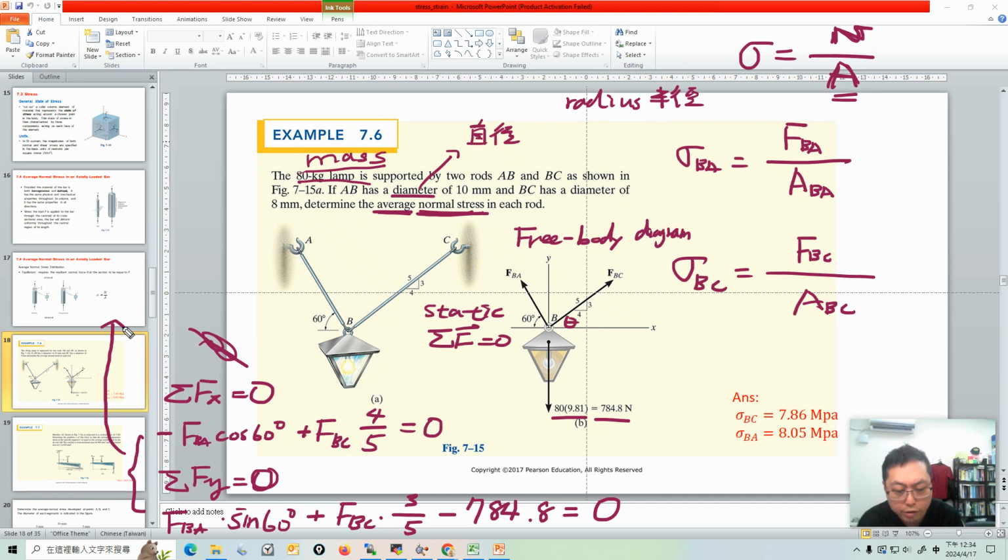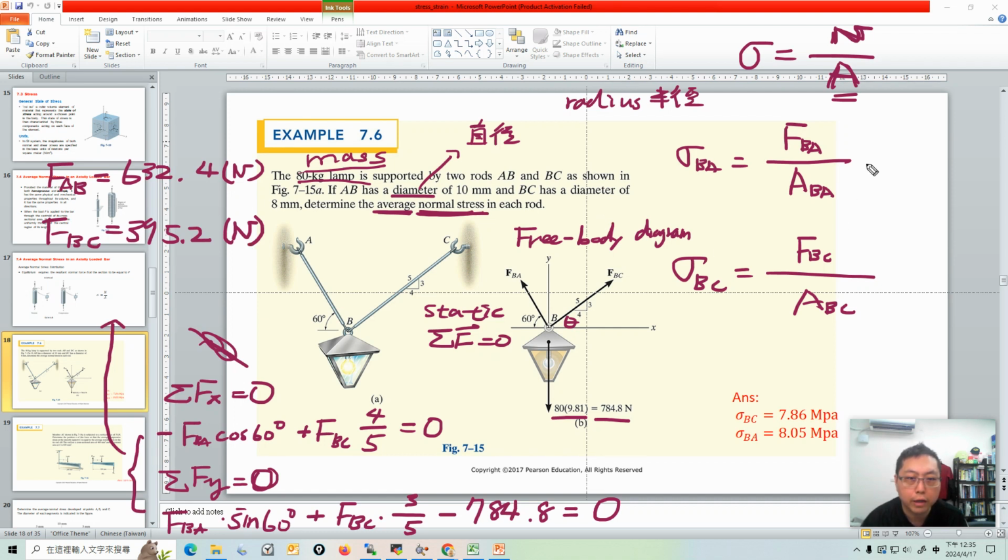FAB is 632.4 Newton, and FBC is 395.2 Newton. So we have the force BA and the force BC.